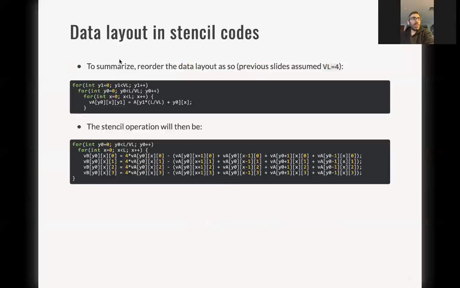Okay, so to summarize, reorder the data layout as I showed previously, and then your loops will become something like this. And then the stencil operation, you can sort of unroll in this way, and you see how all the operations are nicely aligned. Okay, so one thing that I've hidden from you is what happens at the boundary.